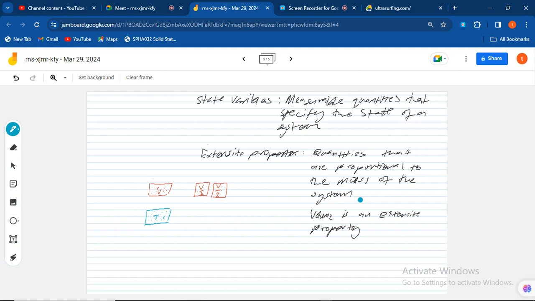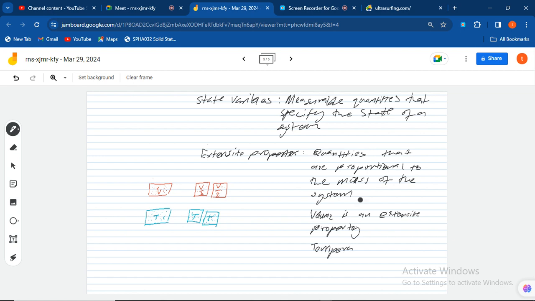So we measure the temperature and we get a certain temperature, T. Then we divide that block into two. What happens to the temperature? What will happen if we measure the temperature here? It will still be T. Even here it's going to be T, meaning temperature is not an extensive property, but an intensive property.